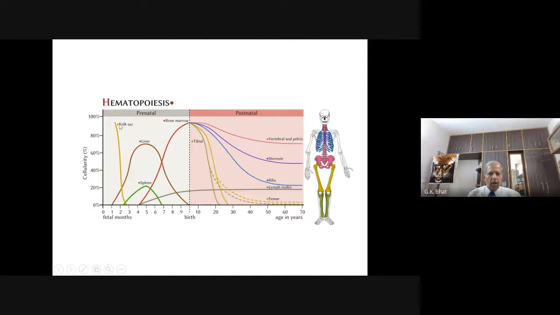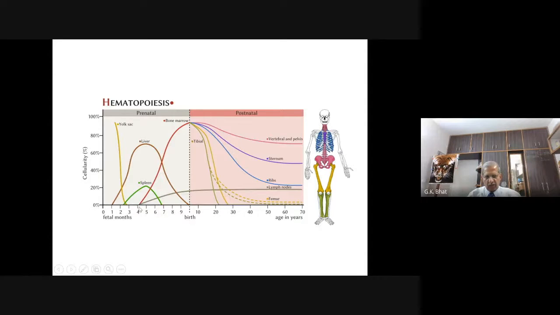And then, after the 4th month, blood cell formation starts in the bone marrow of the longer bones, and also in the lymph nodes.